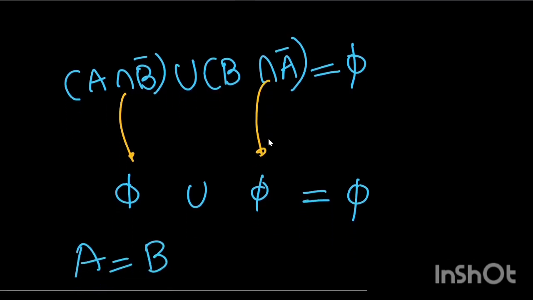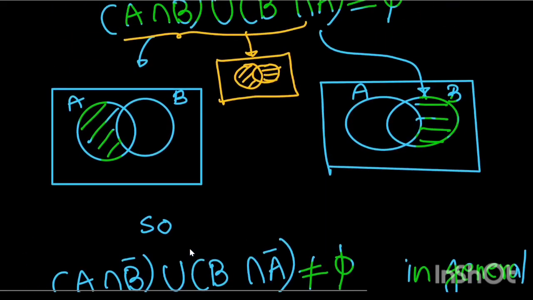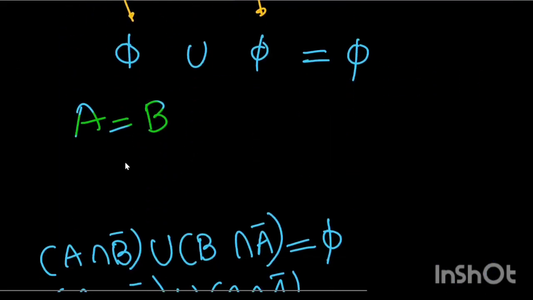Since it's a symmetric relation, the possibility is when A is equal to B. We can also think of taking this side and this side, so that this area reduces. Here also this will take this side, so A and B are merging towards each other so that this area is reducing, and it becomes 0 when A and B are equal.